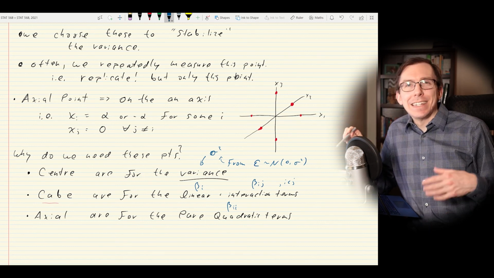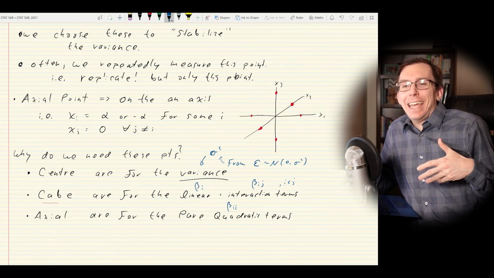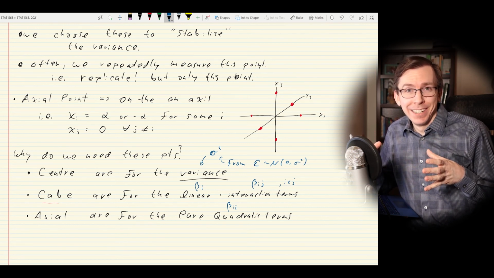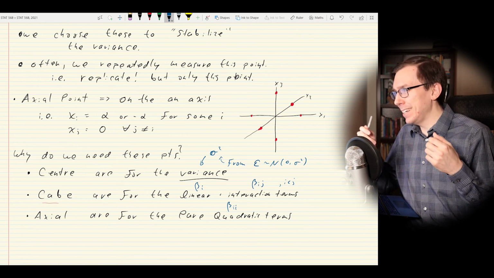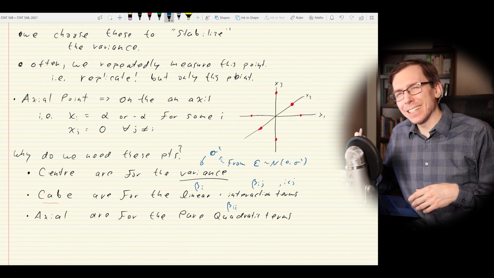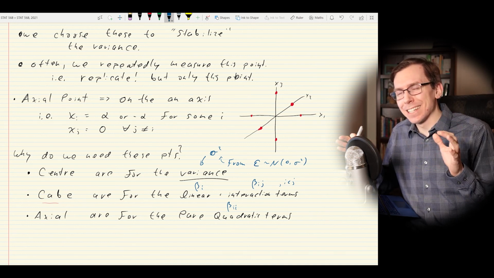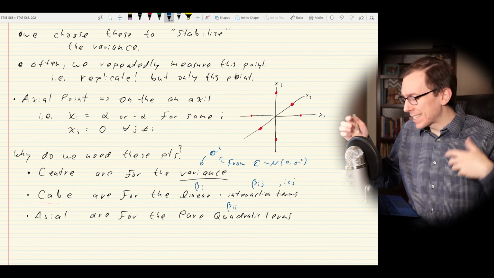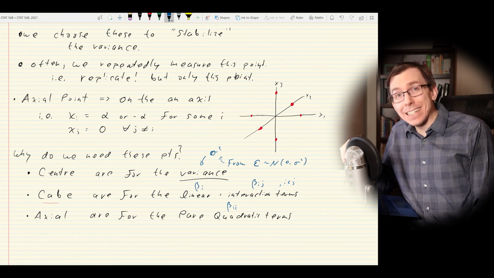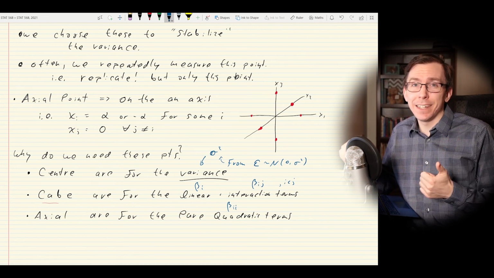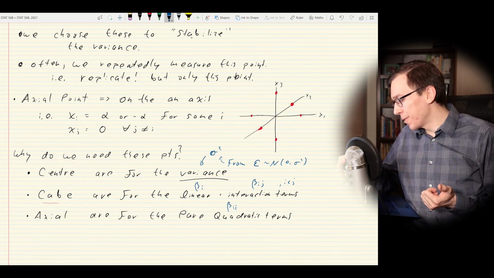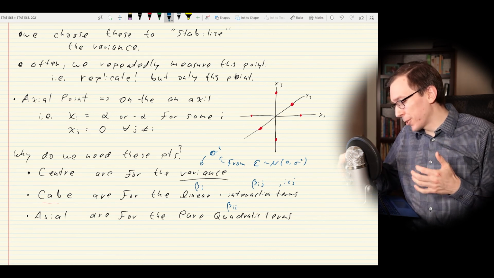Because ultimately, you can think of the center points as replicating some center points in order to get a sense of what the residuals are doing, right? Much like we would do in the other designs, we always would have some degrees of freedom left over for the residuals. That's intuitively the idea, that the center points are there to help us get a good estimate for the variance, and that's going to be useful because we need a good estimate for the variance if we're going to do any sort of significance testing on our coefficients, the linear, the interaction, the pure quadratics.